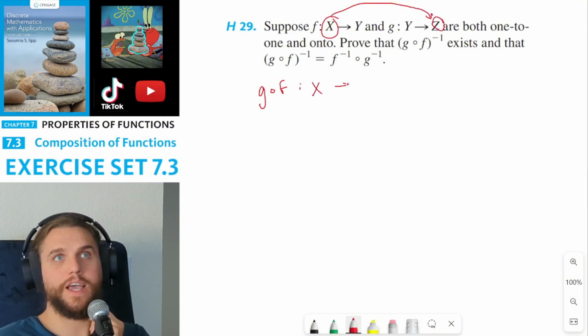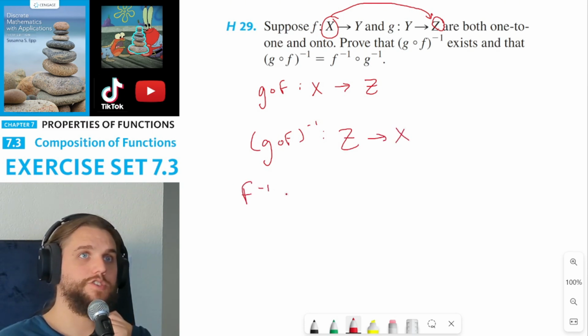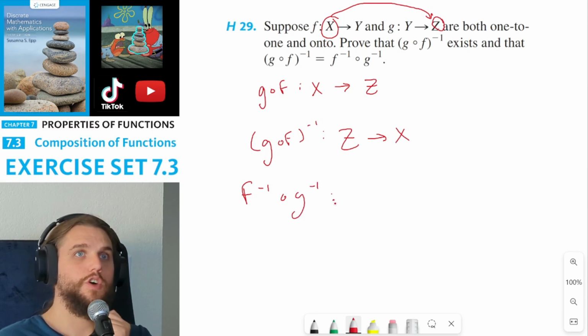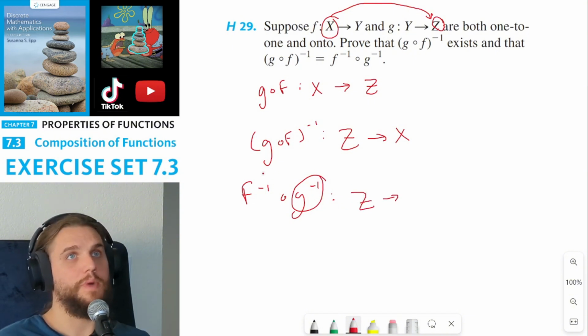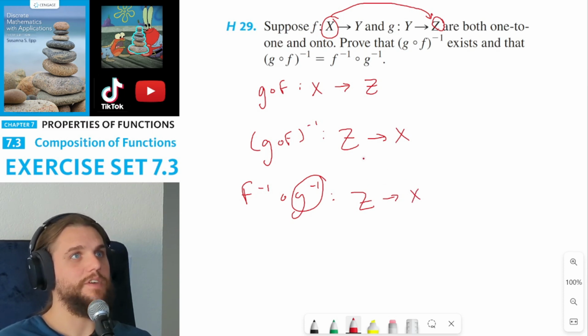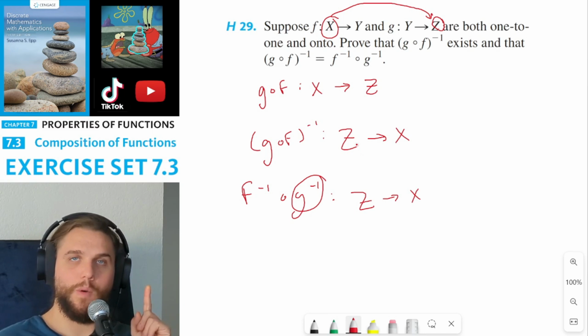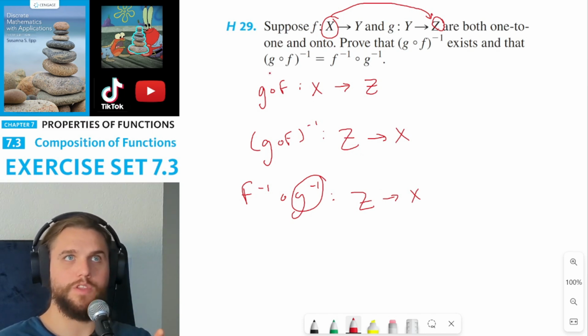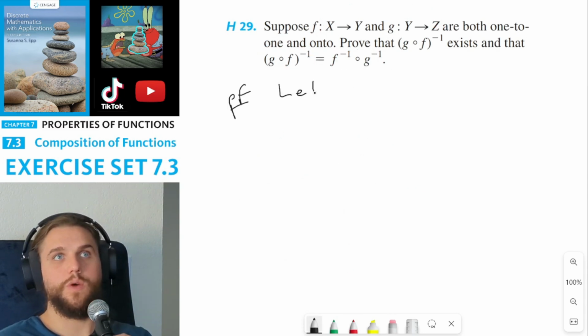So this is from X to Z, which also means that (g∘f) inverse would be a function from Z to X. Similarly, f inverse composed with g inverse would be a function from the domain of g inverse, which is Z, to the codomain of f inverse, which is X. So these have the same domain and codomain, but what's really important here is the domain of both of these functions. The domain of both of these functions is Z.